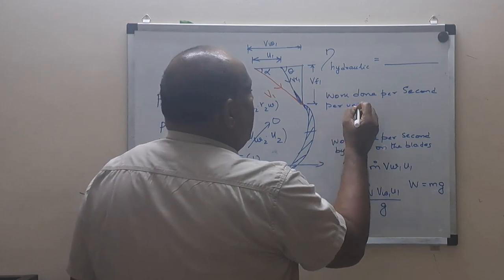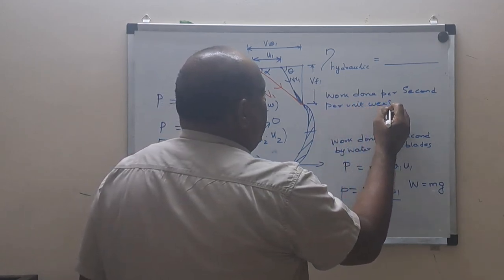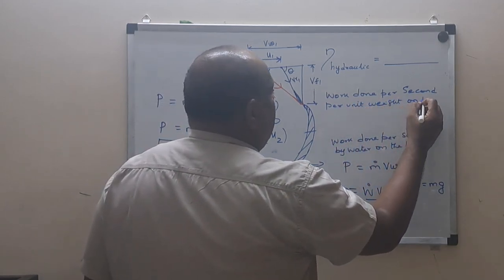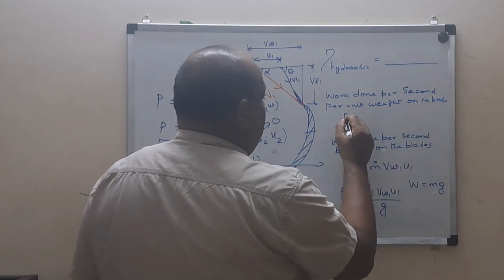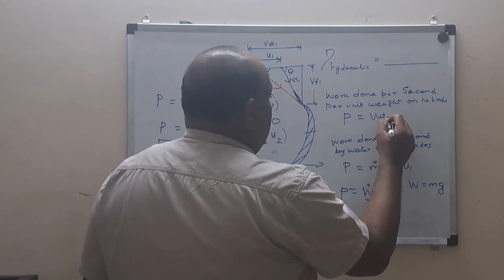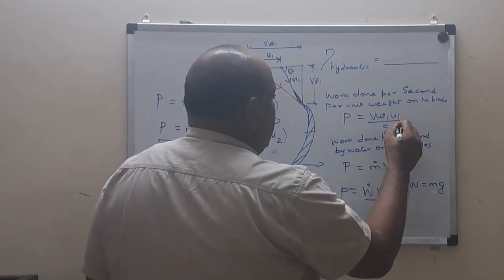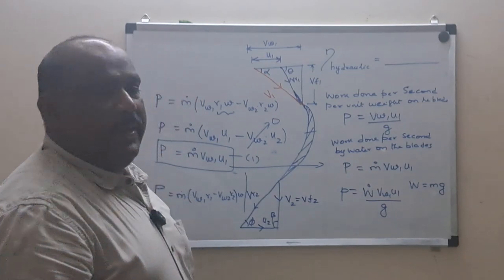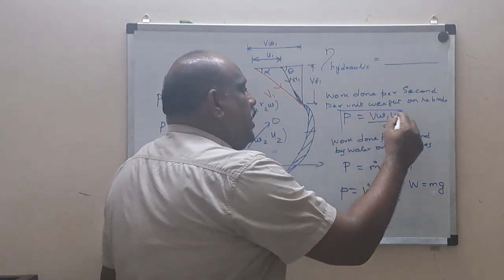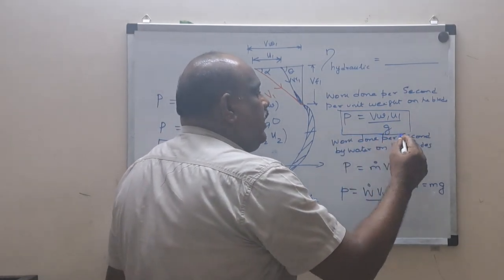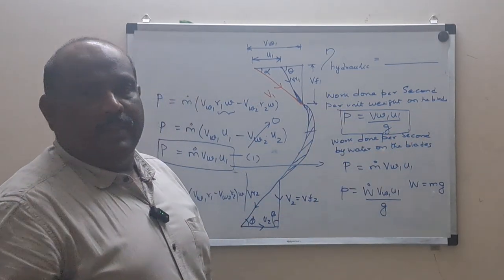Per unit weight means I am making the weight to be unity, which means I am making this W dot to be 1. So the power will be equal to Vw1 U1 by g. So this is nothing but the work done per second per unit weight of the fluid on the blades.